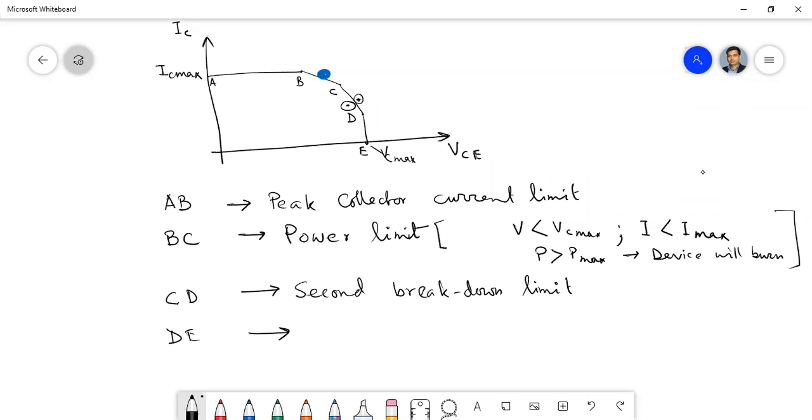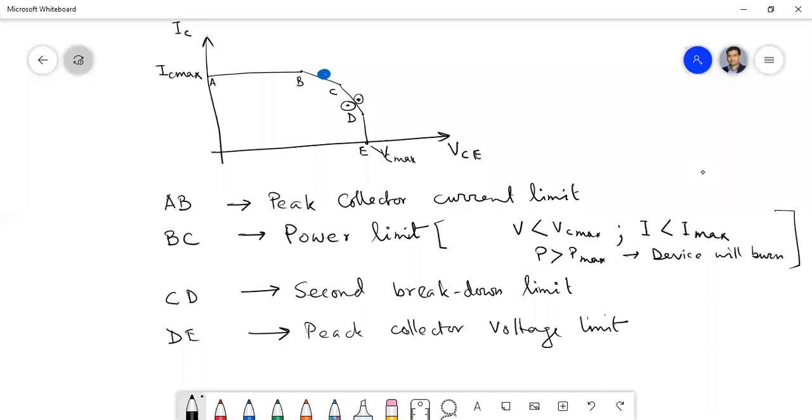So this is very clear. It's called the peak collector voltage limit. This is basically the forward voltage blocking capability of the PN junction.